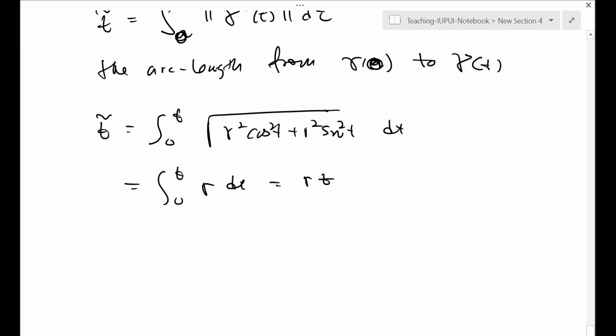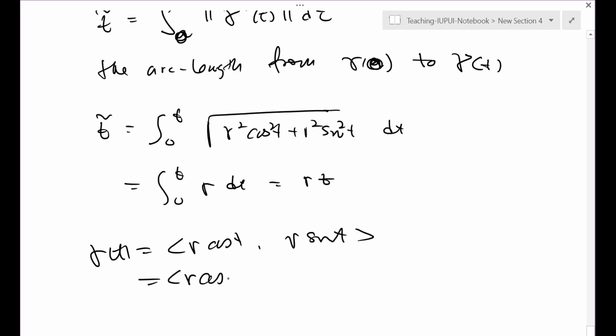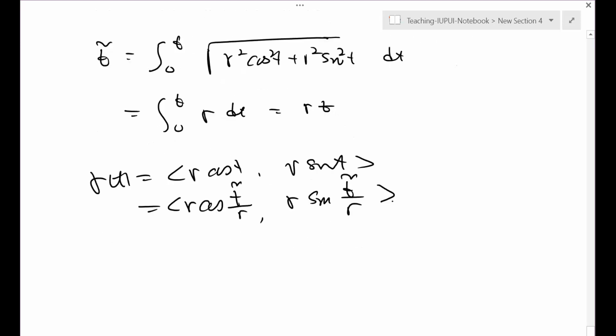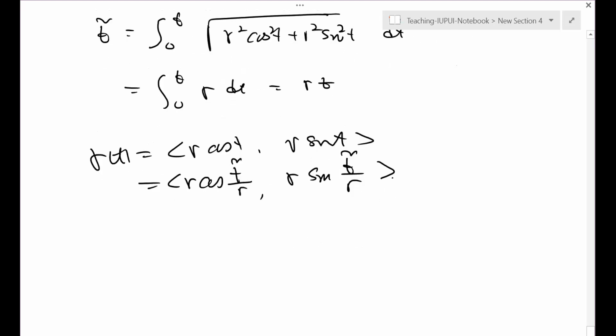And remember, right? Gamma t is going to be r cosine t, r sine t. T is going to be t tilde over r. So r cosine of t tilde over r. Okay, so this is nothing but gamma tilde of t tilde.